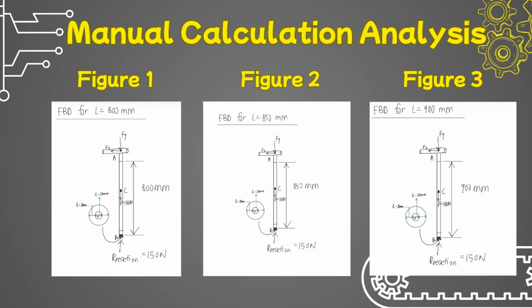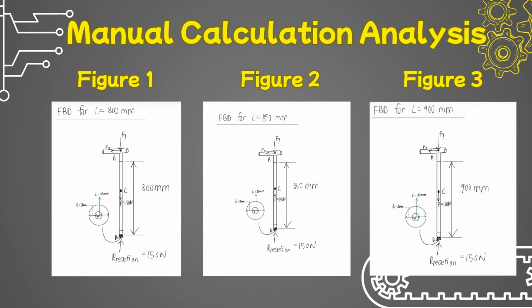We evaluated three different stick heights: 800mm, 850mm, and 900mm. As you can see from our free body diagrams, each design features a hollow circular shaft with an outer diameter of 25mm and an inner diameter of 23mm.